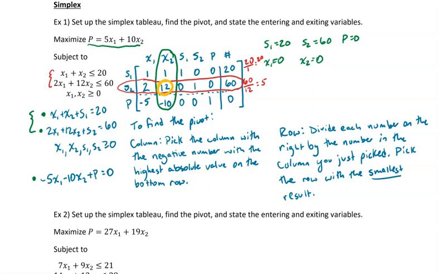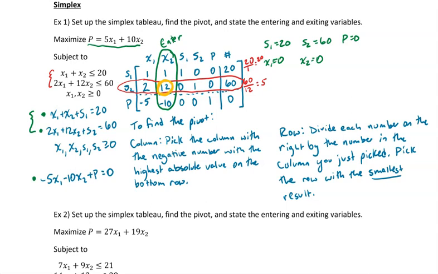All right, next step. It says state the entering and exiting variables. We've already done all of the hard work for this. Whatever variable is in the column that you picked, that variable will enter. So x2 is our entering variable.